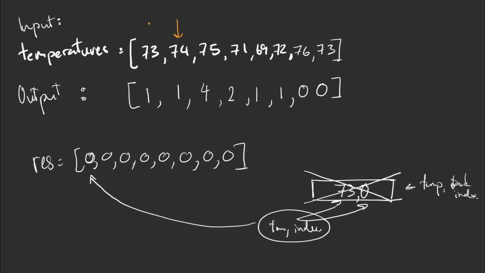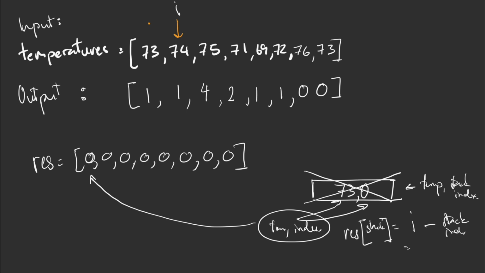So for example, here it's at 73. So we want to change the index. It's going to be the result at index 0. So that's going to be i here, which is 1, minus the stack index.